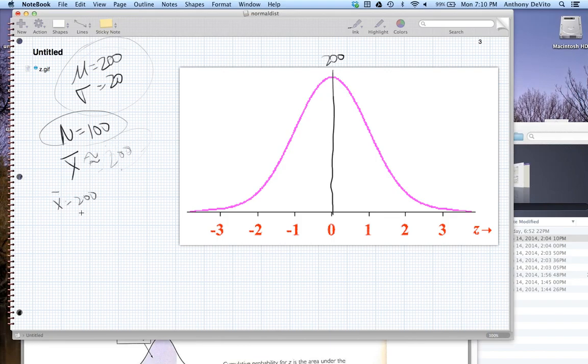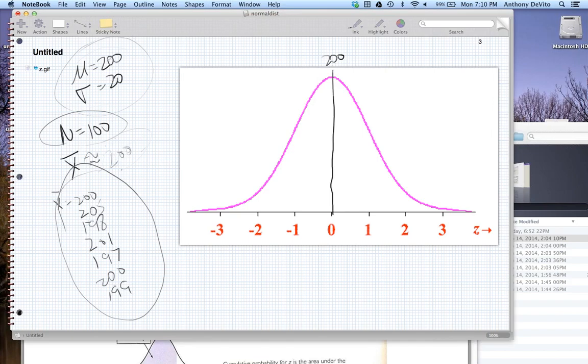I do it again, and this time I get a mean equal to 205. I do it again, this time I get 198. I do it again, I get 201. I do it again, you get 197. I do it again, I get maybe 200 again. Do it again, maybe I get 199.